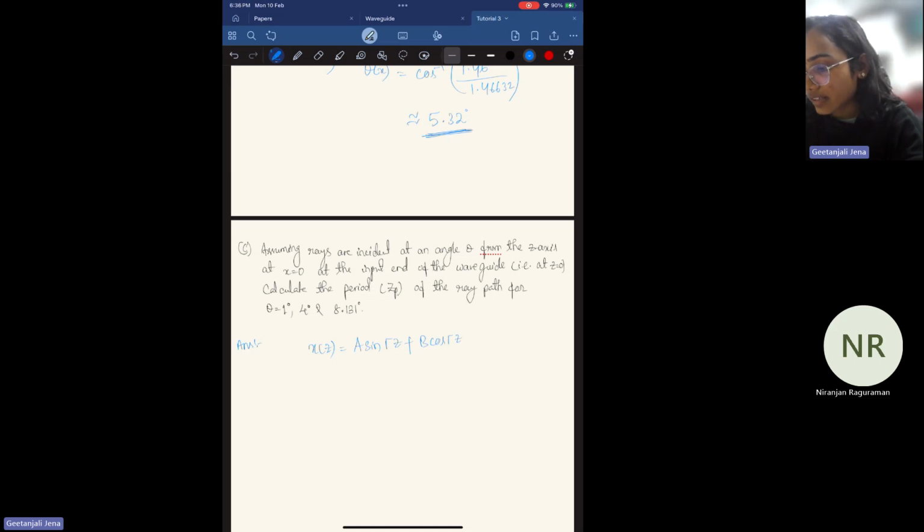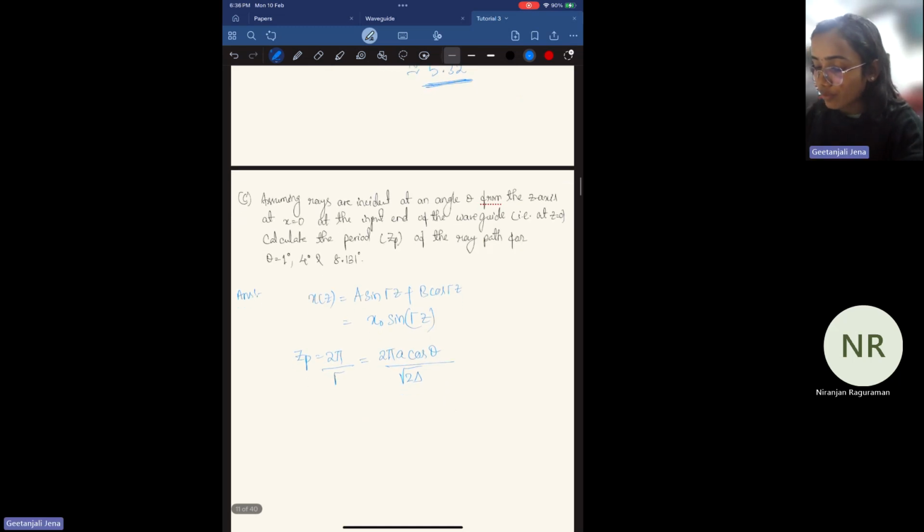And when rays are incident from x equal to 0 and z equal to 0, it is x0 sin gamma z. And the periodic length zp is 2 pi over gamma, and we have seen this is 2 pi a cos theta over root of 2 delta.